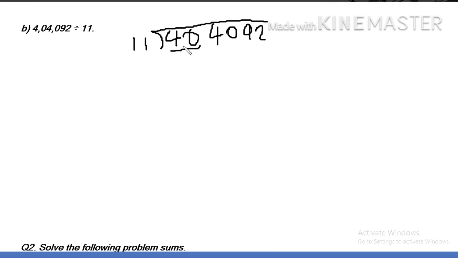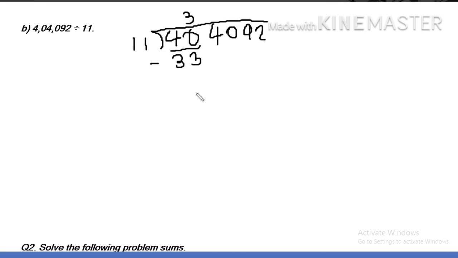So for 40 we will take 3 times, 33, because 44 will be higher than that. So let's subtract it. 0 minus 3 we can't do, so 1 will be borrowed.